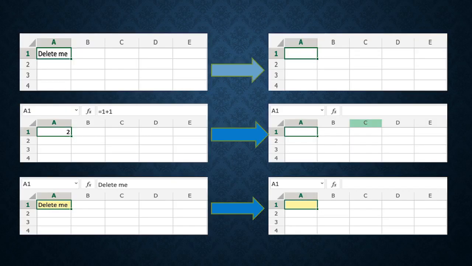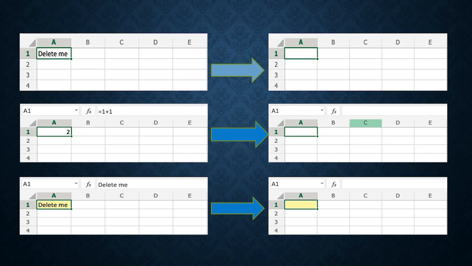Now in the first row of the picture you can see the text "delete me" is there. If we press the delete button from our keyboard, the data will be deleted in the first row. In the second row, in the first image there is a number 2.